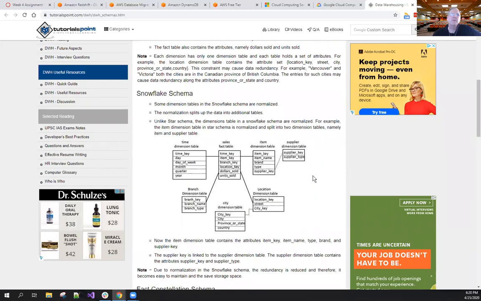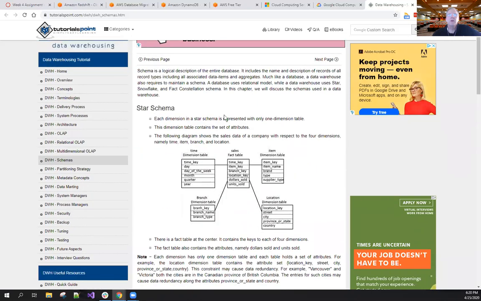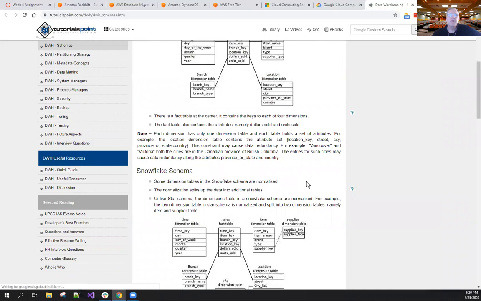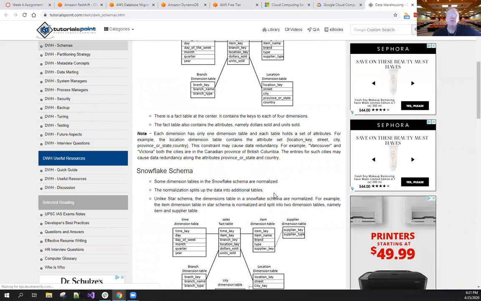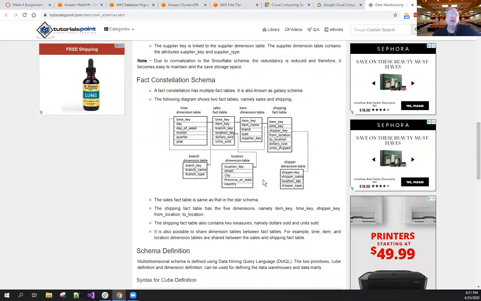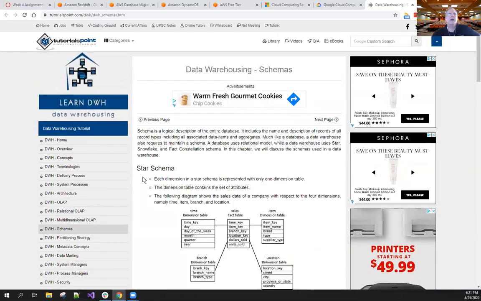By the way, first, second, third, fourth normal form for relational databases is not applicable in general to data warehouses. The relational database is designed for those normal forms, but this one does have some normalization going on with the snowflake schema and fact constellations. This is a typical type of database schema.